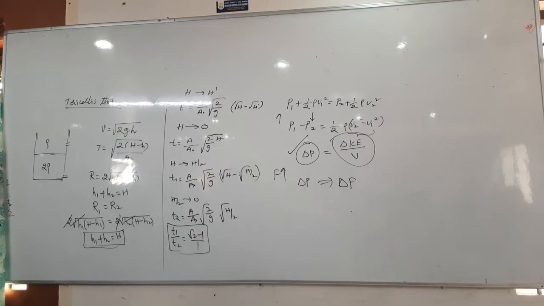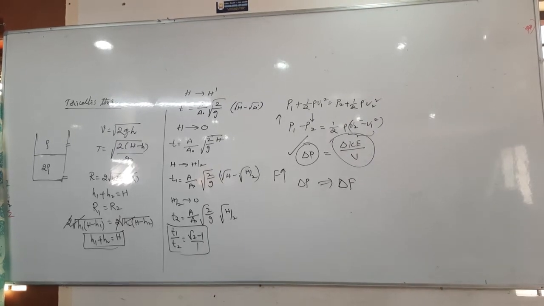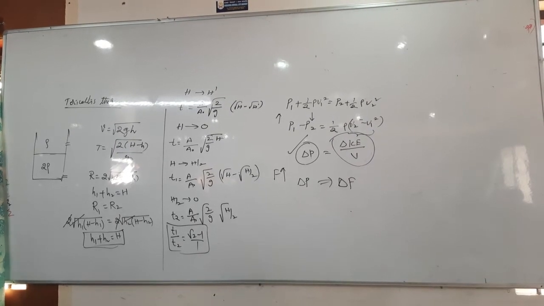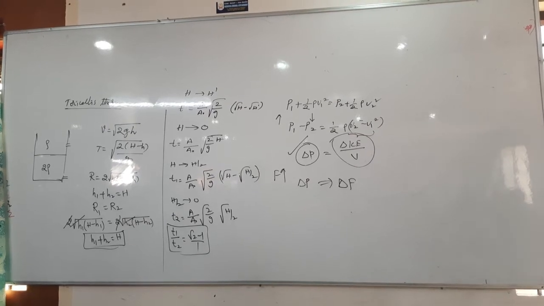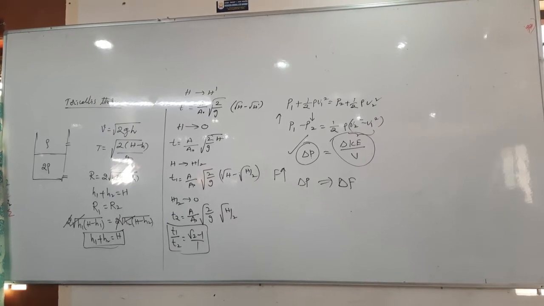The velocity of water is 1 meter per second, and the pressure is 2000 Pascal.